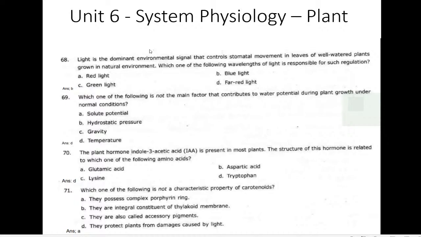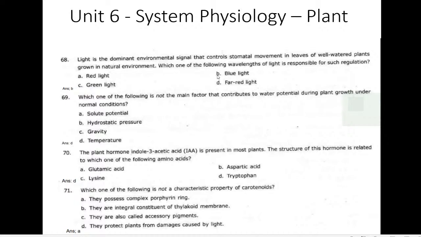So here they provided two statements. One is that light is a dominant environmental signal that controls stomatal movement in a plant grown in a natural environment. Which of the following wavelengths of light is responsible for such a regulation? So here the answer is blue light.